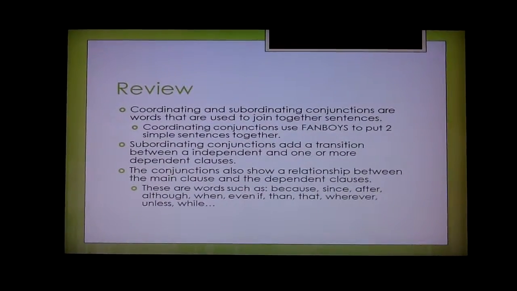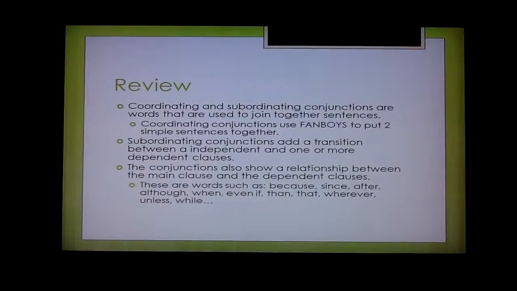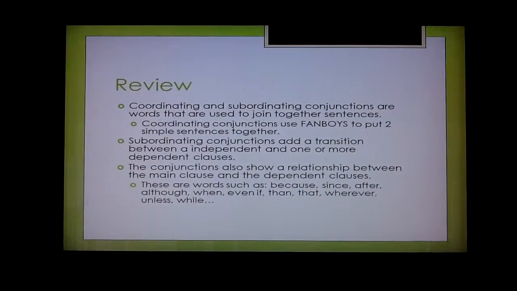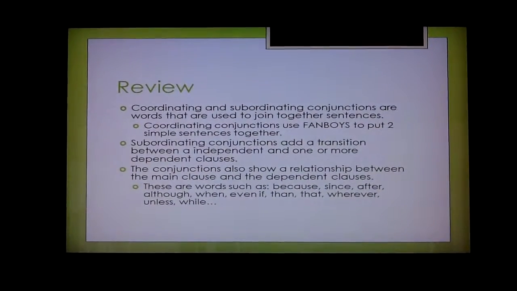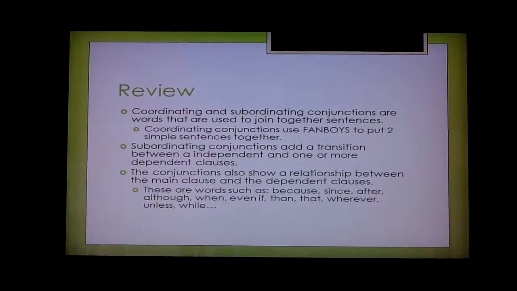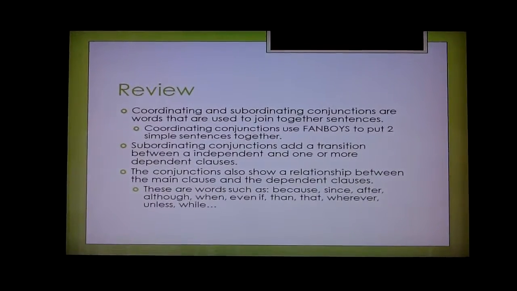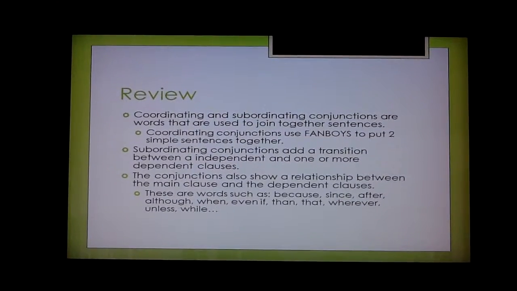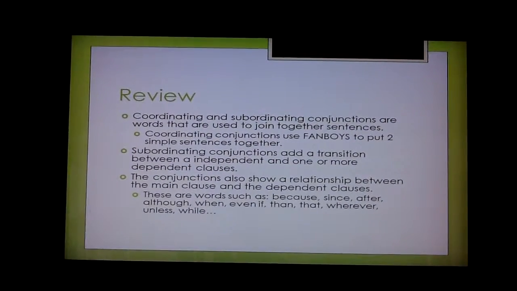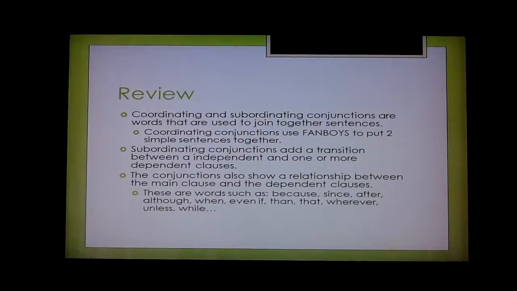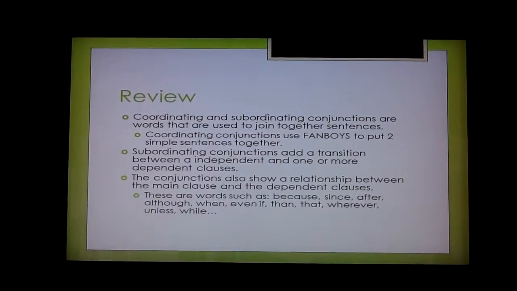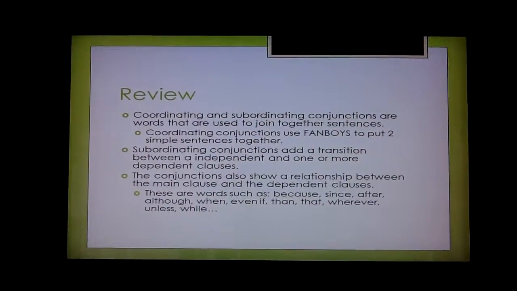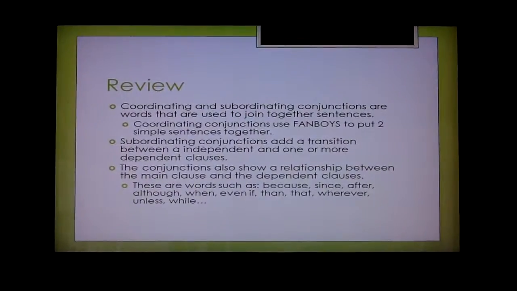Subordinating conjunctions add a transition between an independent and one or more dependent clauses. The conjunctions also show a relationship between the main clause and the dependent clauses. And for these we use words such as because, since, after, although, when, even if, than, that, whenever, unless, and while. And there's a lot more that we could use there.